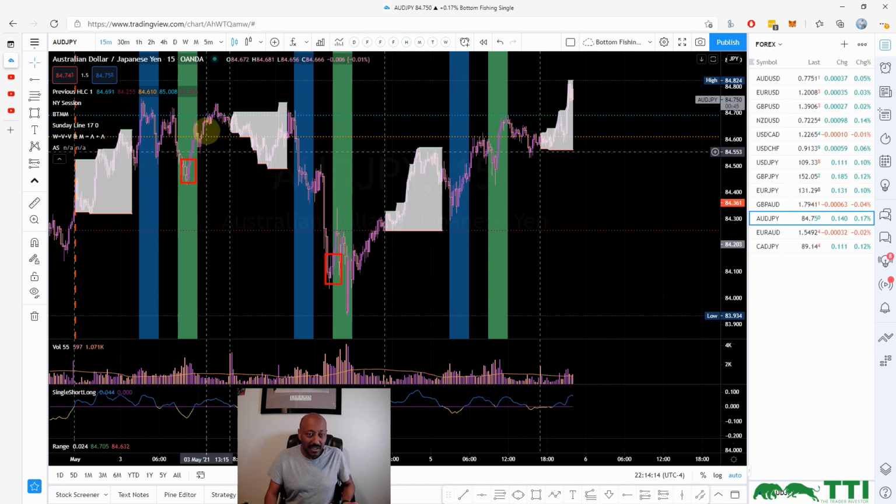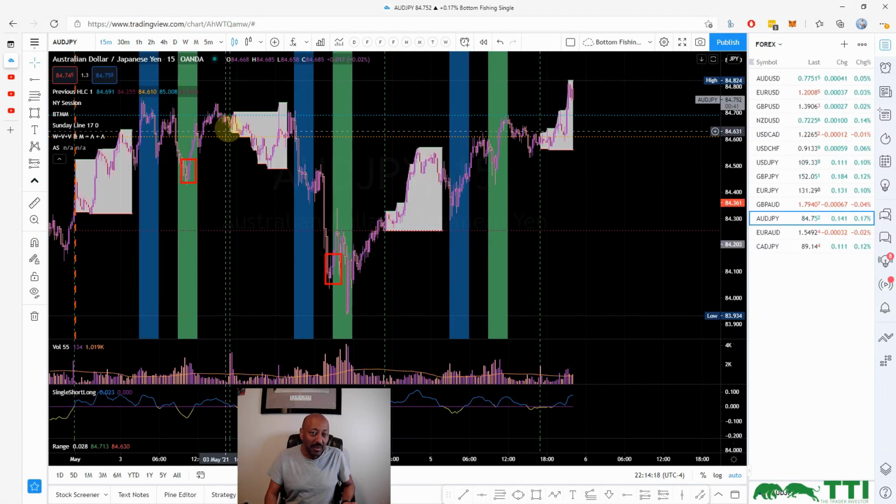That's why I say at the end of your session, if you're trading the New York session, monitor it around 2 or 3 p.m. New York time and just exit your position. If you want to wait until 5, that's okay, but I say at least exit your position when the market makers, the institutions, the hedge funds, the trade desk, the dealers, your brokers are deciding what they want to do.